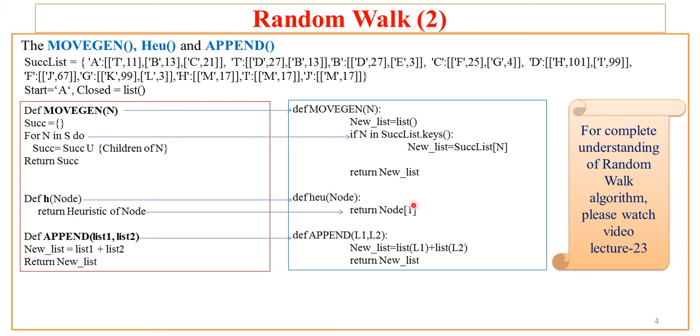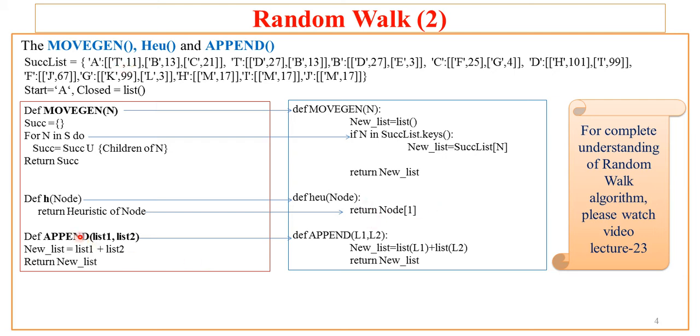Assume that the node is T with heuristic 11. So node of 1 will return this 11. Why? Because for this particular list, T is the name of the node which is at index 0, and 11 is the heuristic value of the node which is at index 1. So it is node of 1.